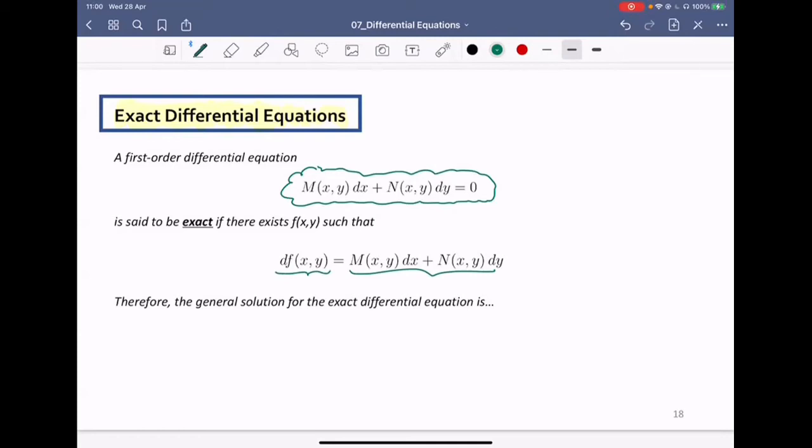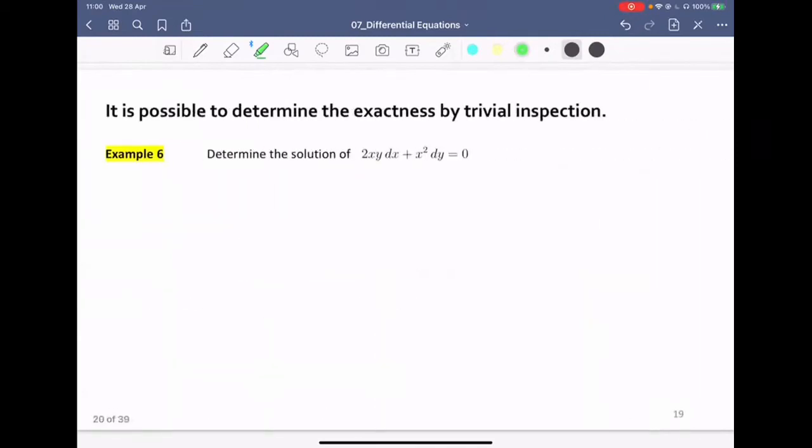If you see a pattern like that, you're going to call this differential equation an exact differential equation. It is easier to give you an idea by looking at an example. I'm going to look at the example first, then go back to the theory, and then we're going to do more examples here.